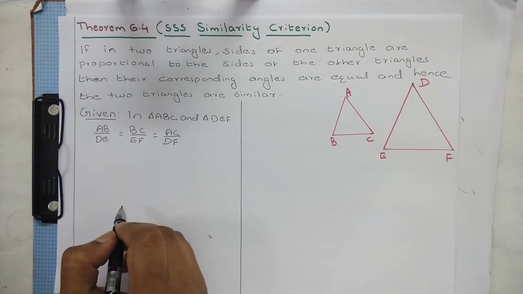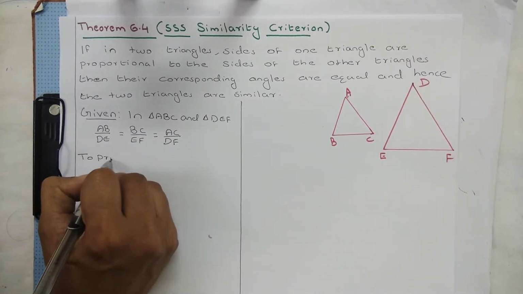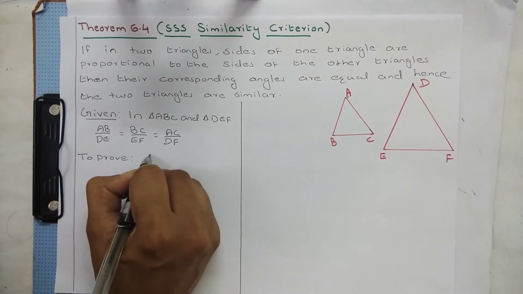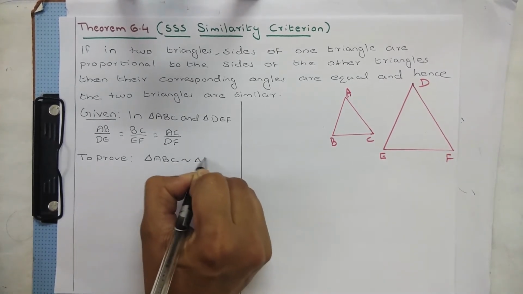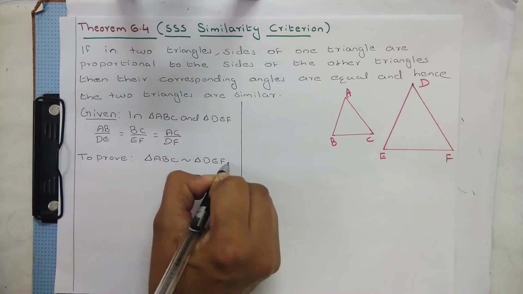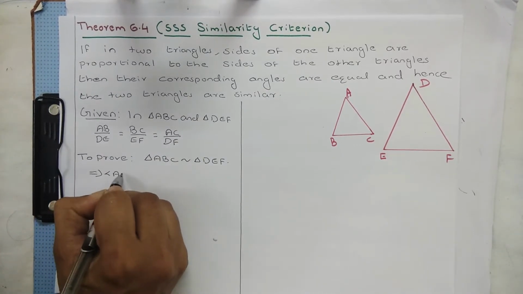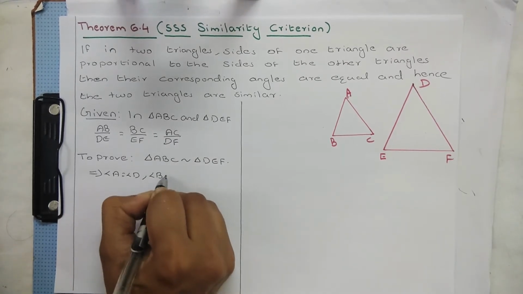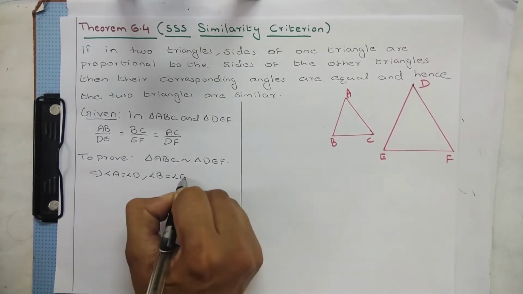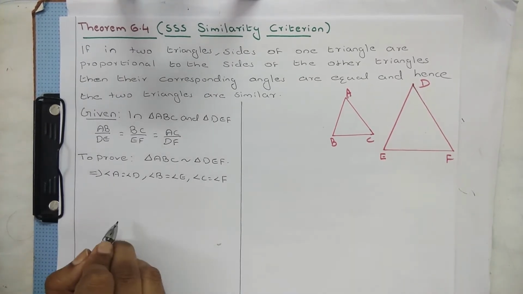Now we need to prove what? We need to prove triangle ABC is similar to triangle DEF. That means corresponding angles are equal: angle A is equal to angle D, angle B is equal to angle E, and angle C is equal to angle F, we need to prove.